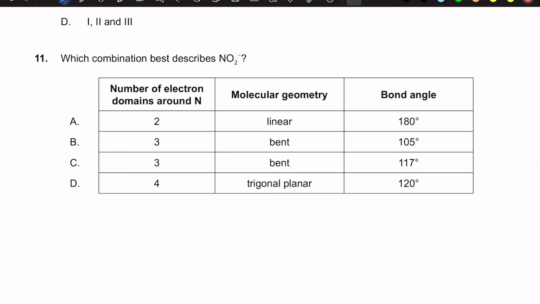Now, which combination best describes NO2 minus? We can use our formula to solve this question. First, the number of electron pairs or electron domains around the central atom nitrogen.